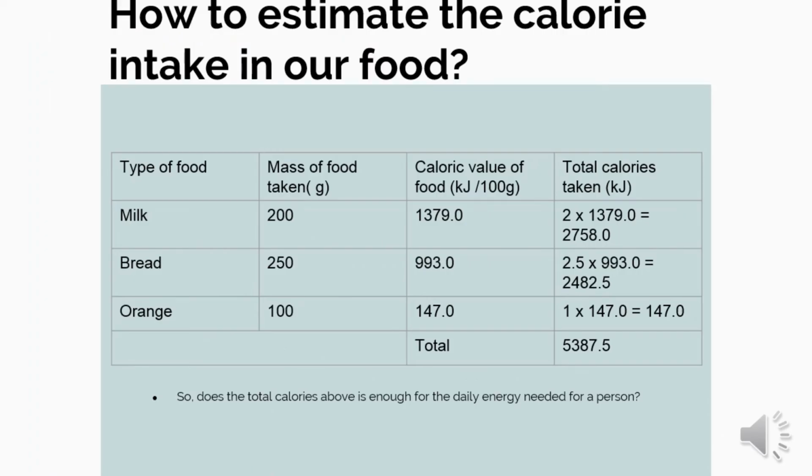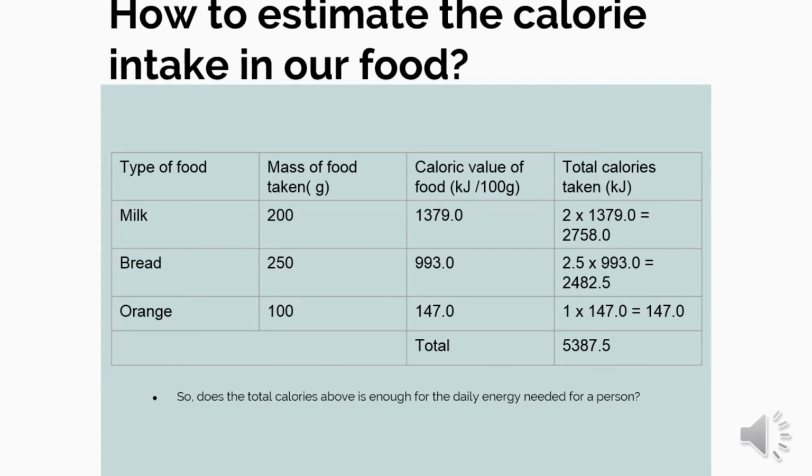Okay, so how to estimate the calorie intake in our food? Let me give you an example. Yesterday morning, I had bread, orange and drank milk, and each of them has its own mass of food that I have taken. Okay, so the nutrition fact value of the food states the amount of calorie for 100 grams.